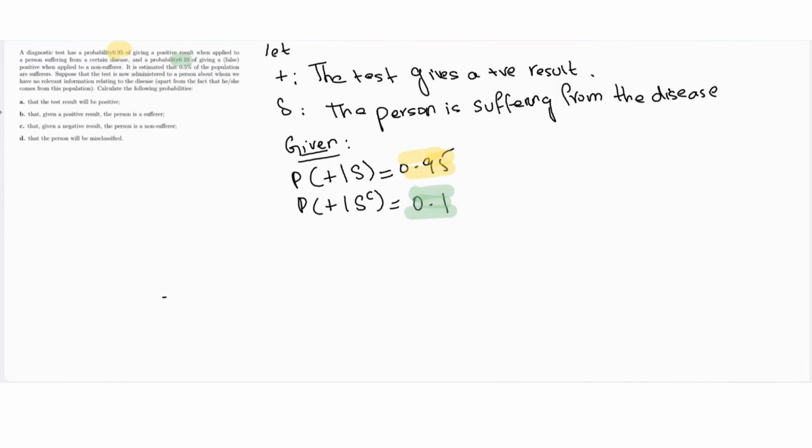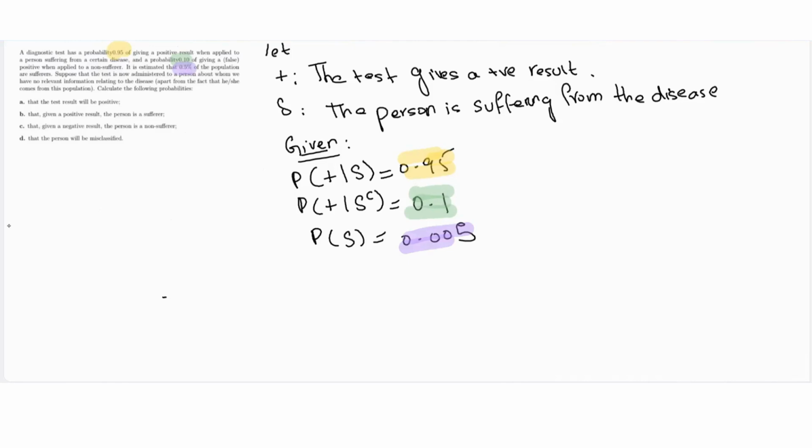And we're told another probability as well. The probability of sufferer is 0.5%, which is essentially 0.005. This is also given to us in the question, so this is information that is already provided. So we define the events and then we define the probabilities already given to us in the question.